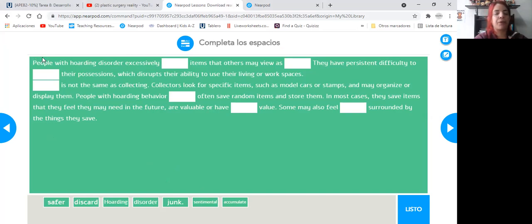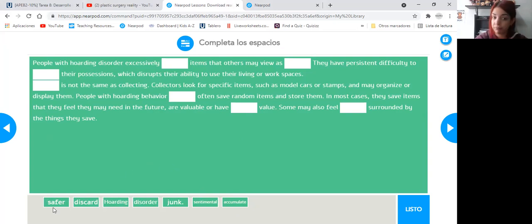I'm gonna read for you and you're gonna tell me what should I put here. Before reading, I'm gonna give you some strategies. Before reading the entire text, read the words that you have down below here. That will help you to know what the text is about.